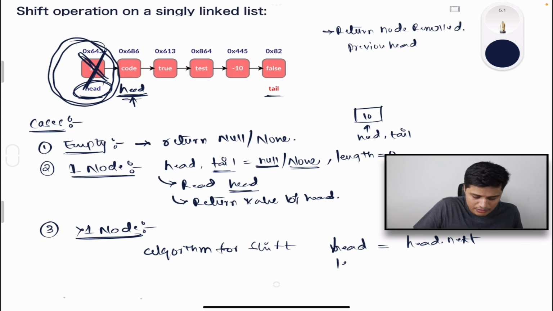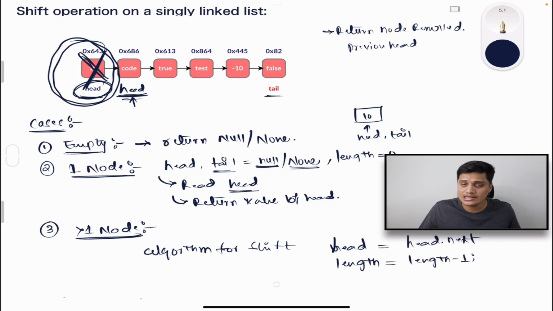Along with that, since we are deleting one node from the singly linked list, we have to make sure that we are decrementing the length by 1. So length will be length minus 1. Those are the scenarios that could come when we try to remove the very first node of a singly linked list.